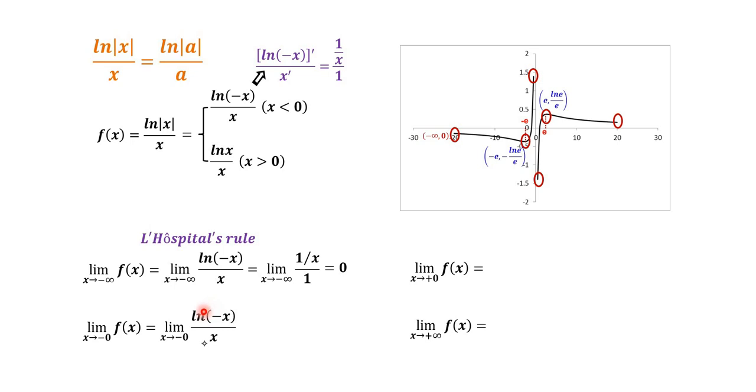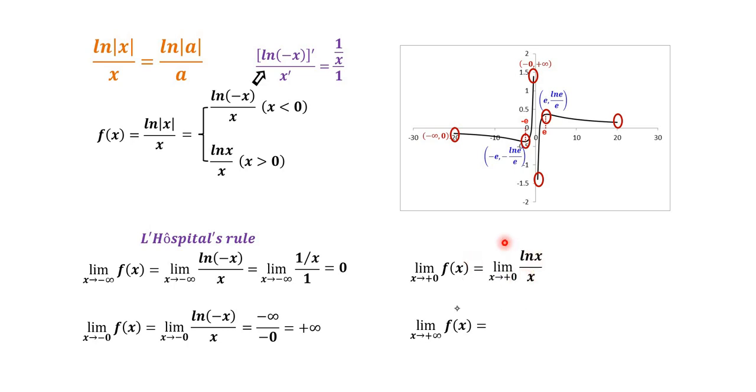When x is approaching 0 from the negative side, ln(-x) is going to be negative infinity, and x is 0 from the negative side. So this is going to be positive infinity. So now we got the other upper limit, 0 from the negative side, and it's going to be positive infinity.